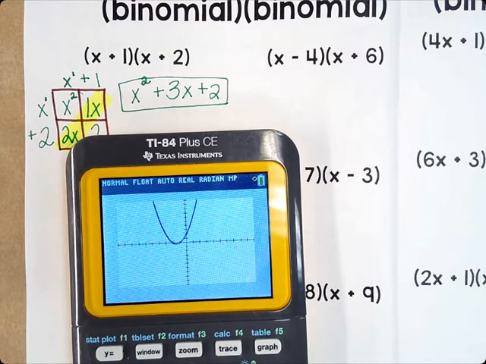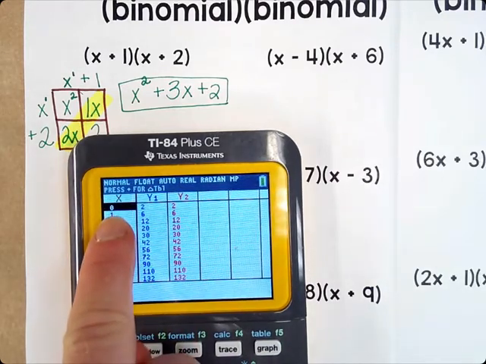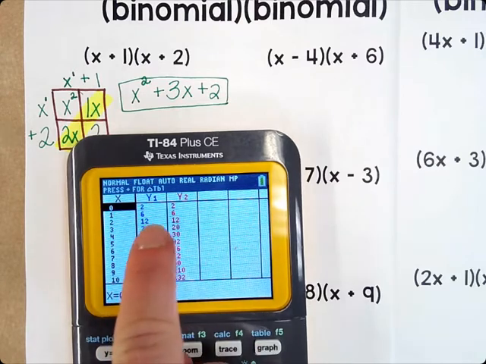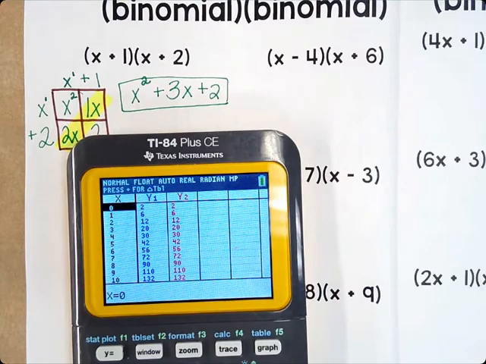So I see a blue one. And then right over the top, the red one goes. So they're the exact same. I can also look at my table of values and see that for every x, the Y1 and Y2s are the exact same. So that means we did it correctly.